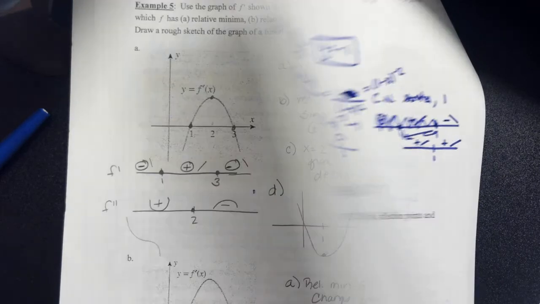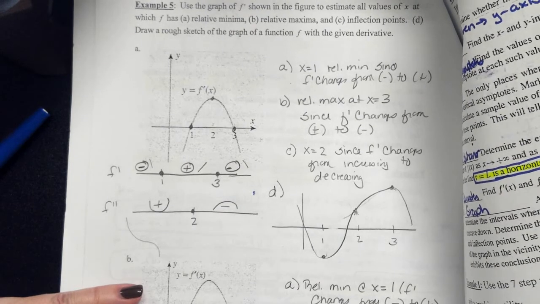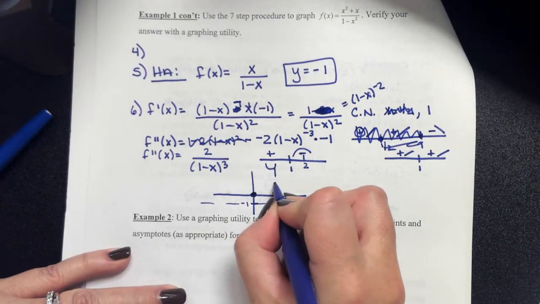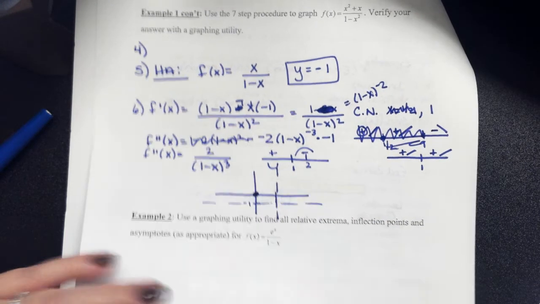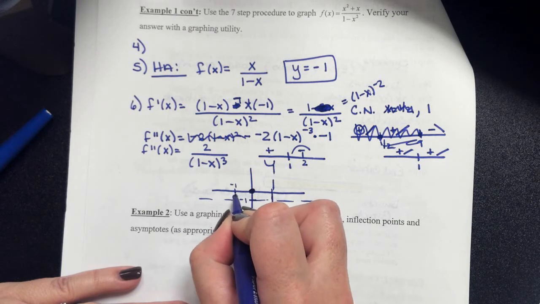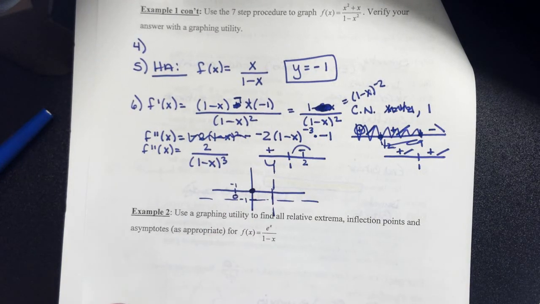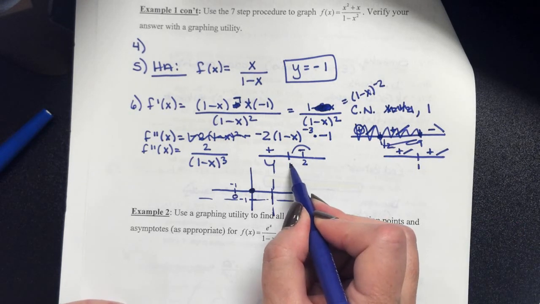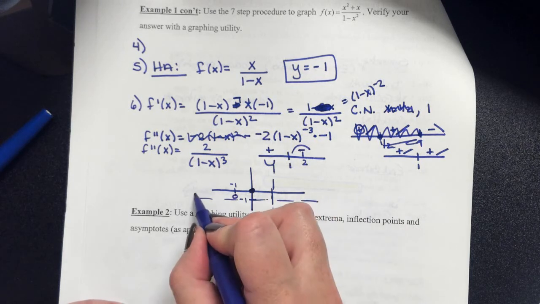I found my vertical asymptote to be at x equals 1. I found I have a hole at (negative 1, negative 1/2). And again, remember what I know from my derivatives is that I'm going to be increasing and concave up until I hit my vertical asymptote at x equals 1.